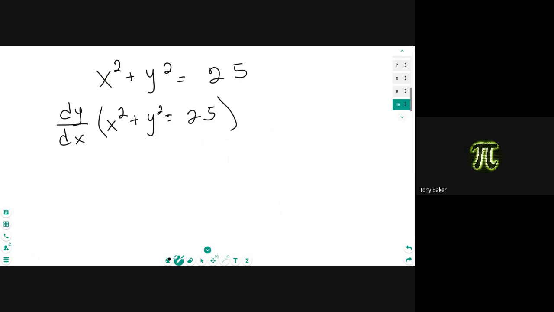What is the derivative of x squared? That's 2x. What's the derivative of y squared?